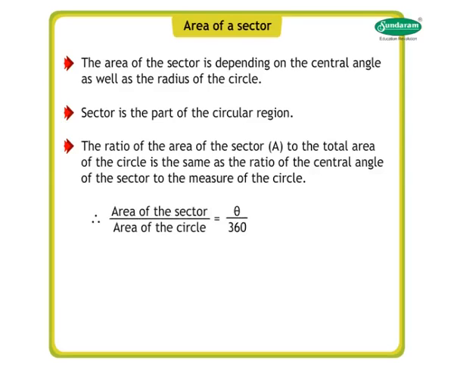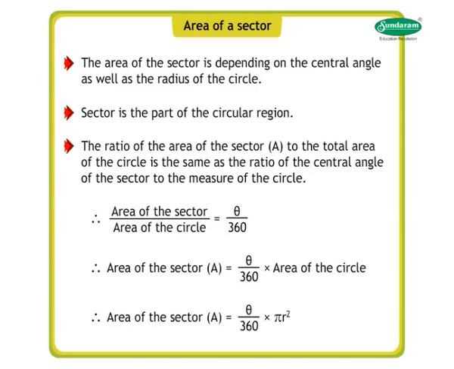Therefore, area of the sector upon area of the circle is equal to theta upon 360. Therefore, area of the sector A is equal to theta upon 360 into area of the circle. Thus, area of the sector A is equal to theta upon 360 into pi into r square.